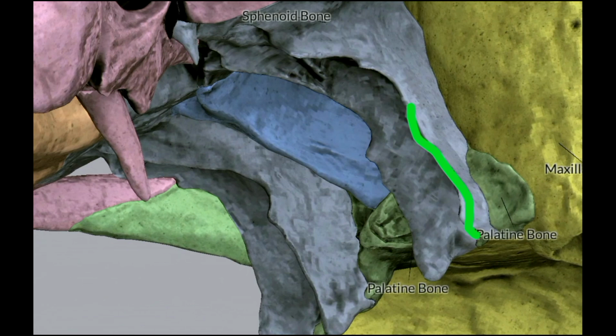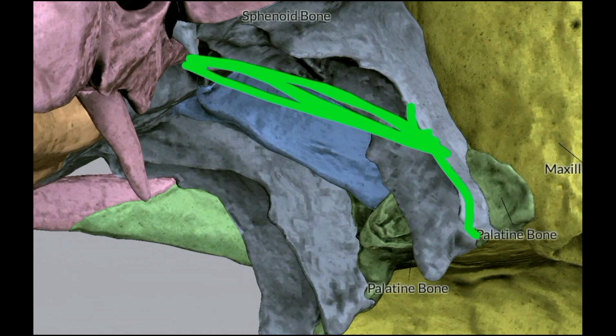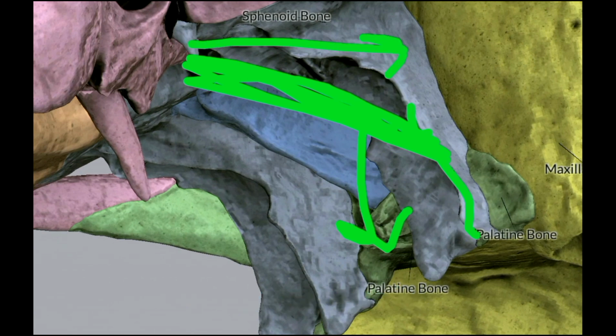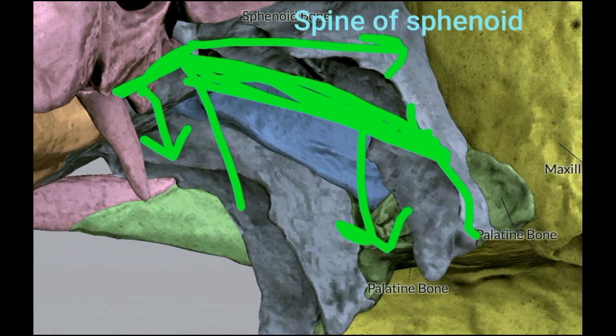Coming to the lateral pterygoid plate, it gives attachment to the pterygospinous ligament from the middle part of its posterior border, because it connects the lateral pterygoid plate to the spine of sphenoid. And the spine of sphenoid is very important. It gives attachment to 3 ligaments. One is pterygospinous; one is behind, the anterior ligament of malleus; and one below, the spinomandibular ligament.